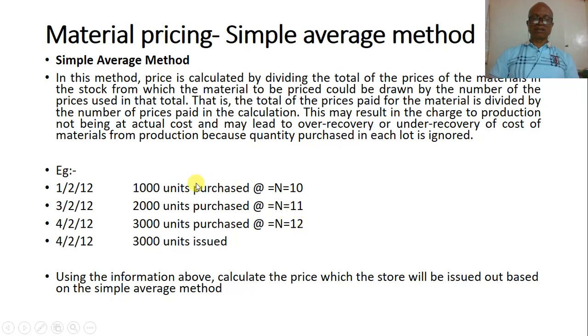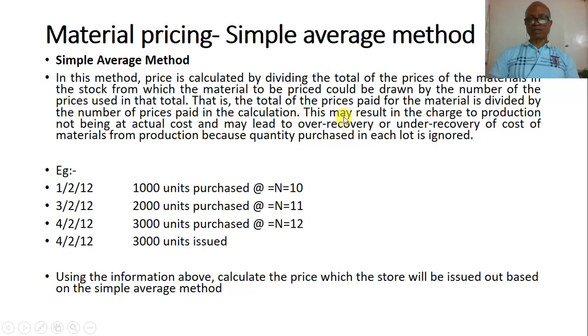So we're saying that you calculate the total of the prices, that's 10, 11, 12, divided by the number, that's 3. Then you arrive at the figure 11, as the case may be here. That's what you are going to have at the end of the day.